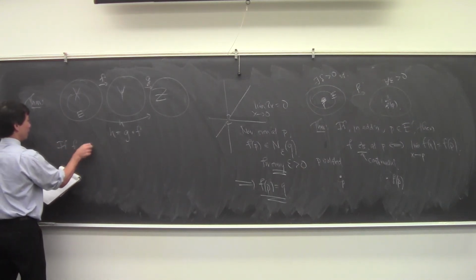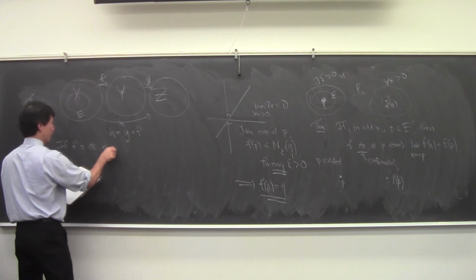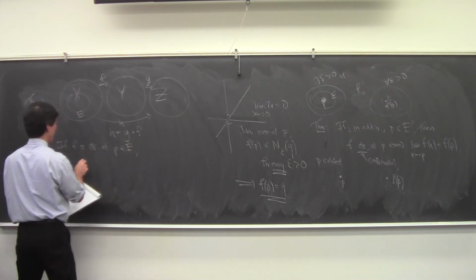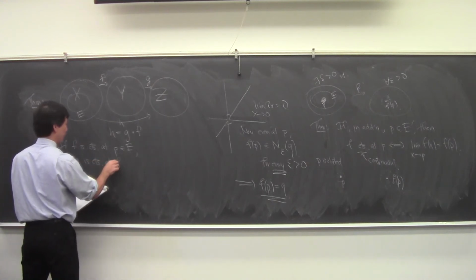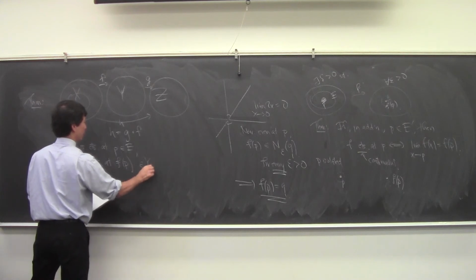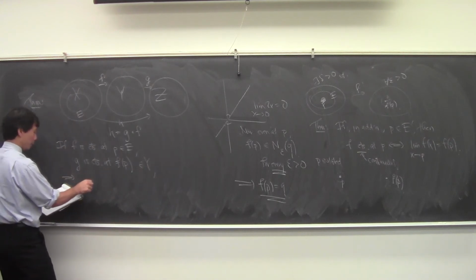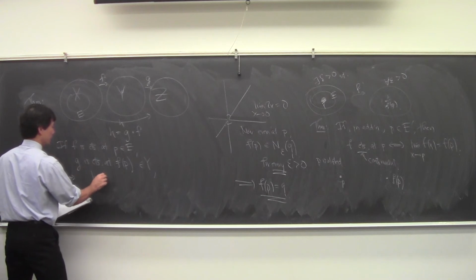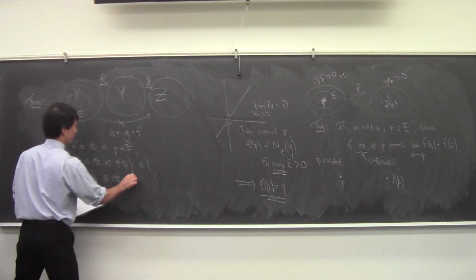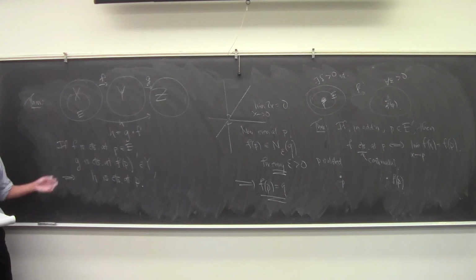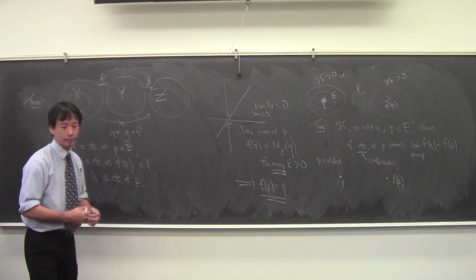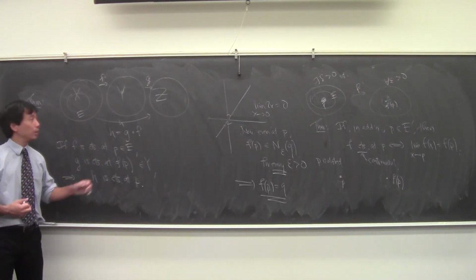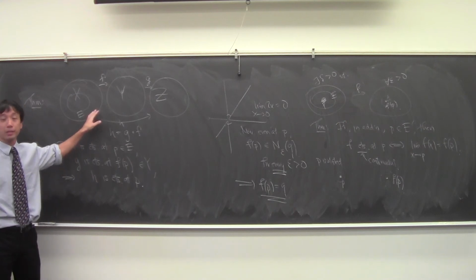If F is continuous at some point P in E, and G is continuous at F of P in Y, then the composed function is continuous at P. Then the composition is continuous.